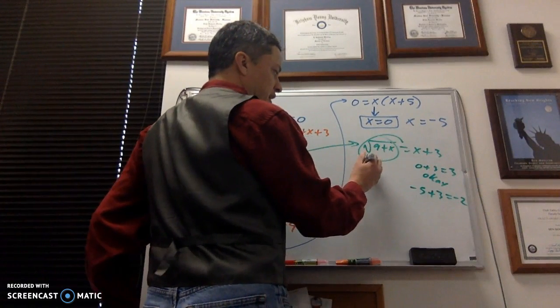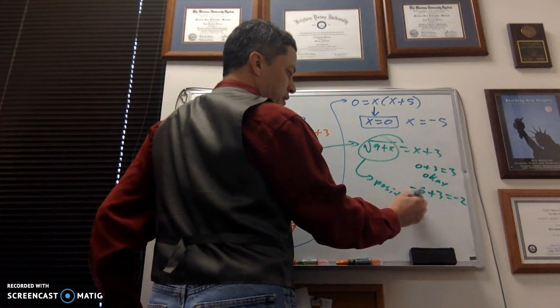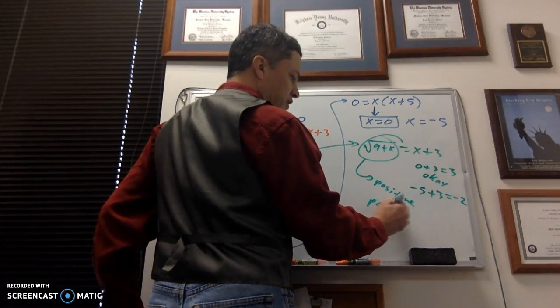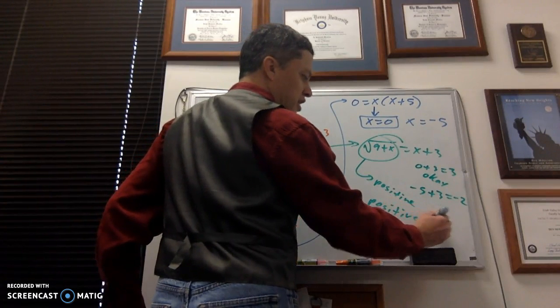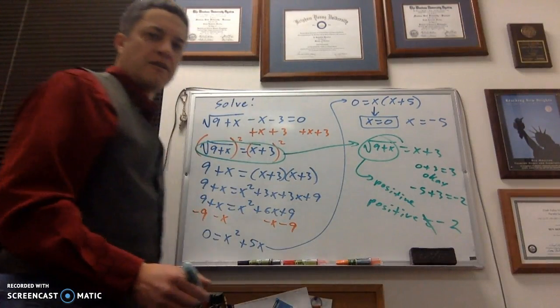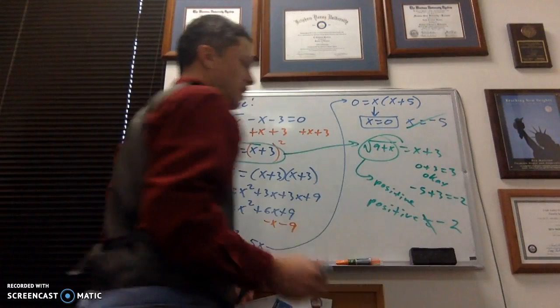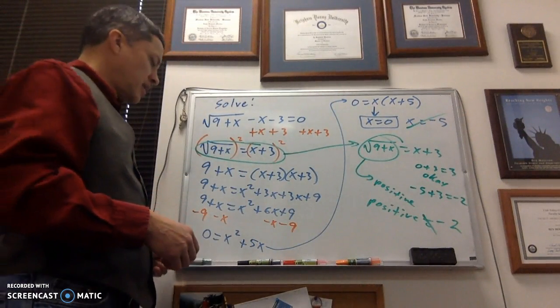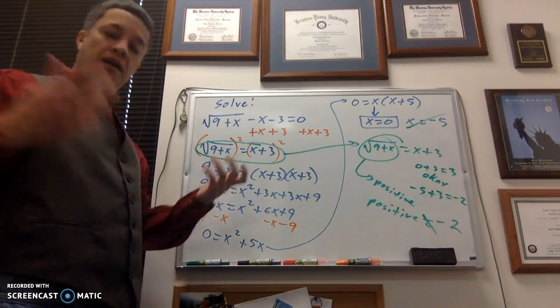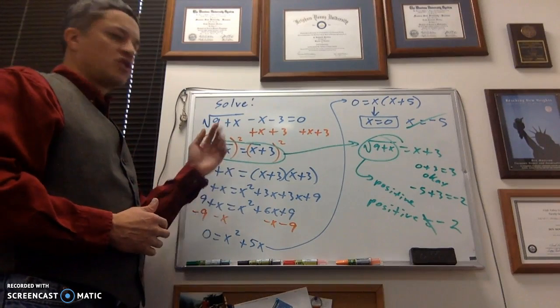And this guy here needs to be positive. When can a positive number equal a negative 2? It doesn't. So that means we're going to throw out x equals negative 5. So the only answer here is x equals 0. All right, and that's how you take care of solving equations with a radical in it.